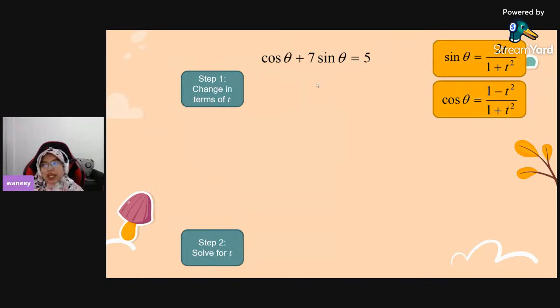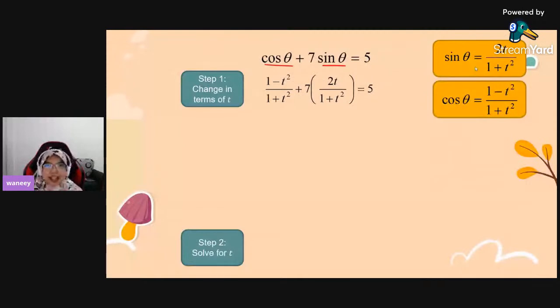I'm going to substitute cos theta with 1 minus t square over 1 plus t square, and sin theta with 2t over 1 plus t square. Now substitute them in, and then we need to solve to find out the value of t.